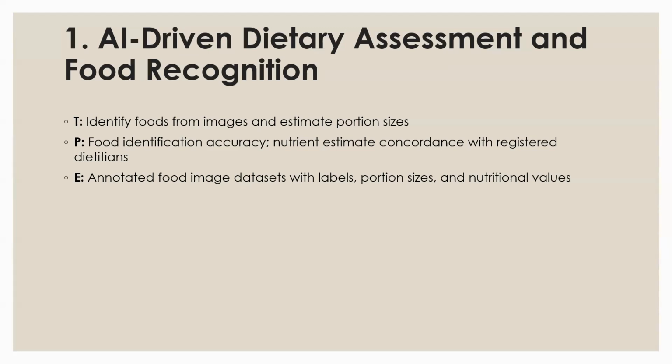Let's say you're giving input of images of food and trying to estimate, and you want this AI system to tell which food this is and what its portion size is. Right? If you want the AI system to do this, how will you make it learn? Through annotated, meaning labeled, food image data sets with labels, portion size, and nutritional values, right? So, for example, if you're giving it idli, it will label it and write the portion size and the nutritional value.